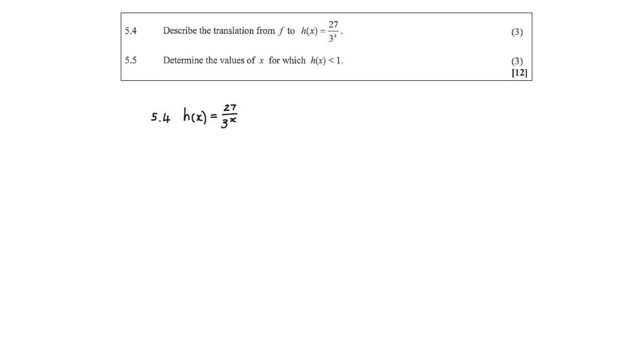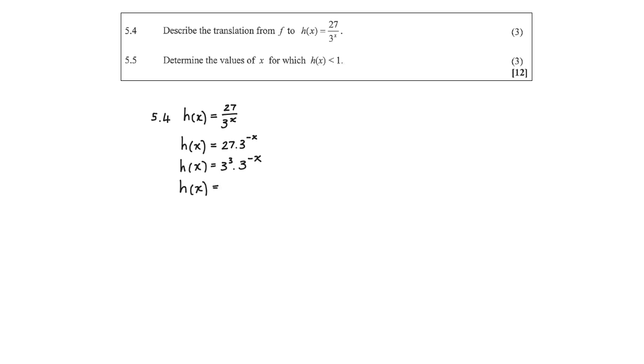Now, first of all, we need to write h(x) in a similar form to f(x). So if we have 27, we can write that as 3 to the power of 3. And the denominator 3 to the power of x can be written as 3 to the power of negative x. And since the bases are the same, we can combine this and write it as 3 to the power of 3 minus x.